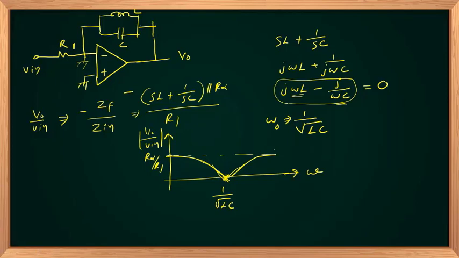Then you will have a peak at omega equal to omega naught and it decays on the other side of your resonant frequency.